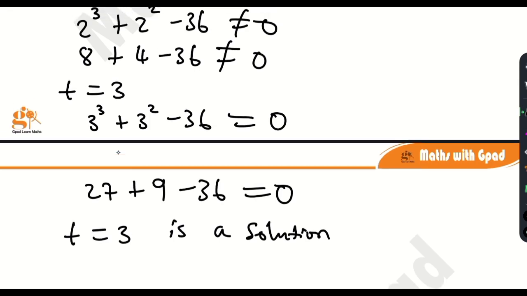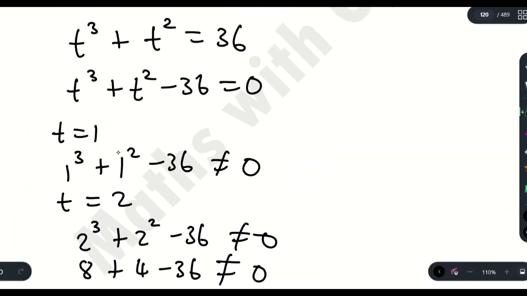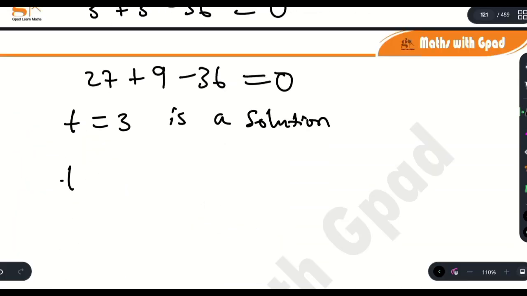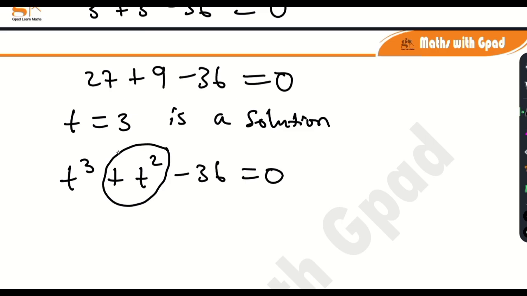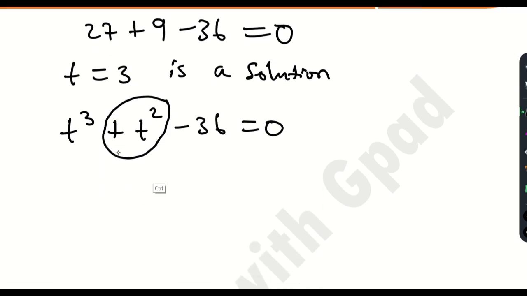So let's go get our equation, which is this one here. Let's write it again. t raised to the power of 3 plus t raised to the power of 2 minus 36 is equal to 0. So what I can do here is to rewrite t raised to the power of 2 as this. Now watch this. I'm going to have two terms.